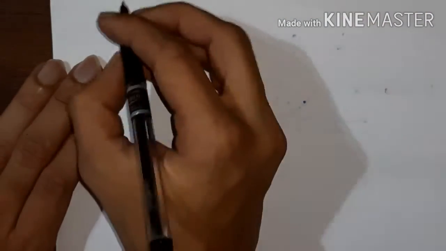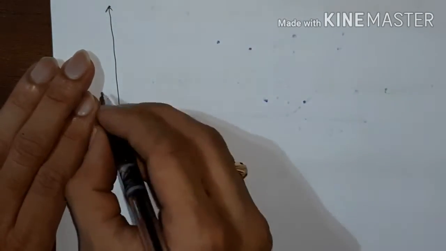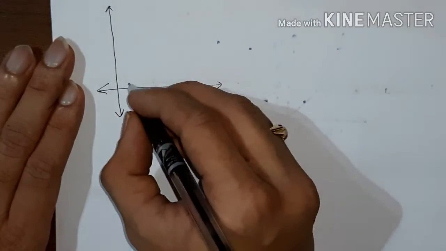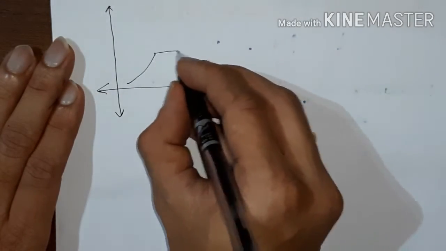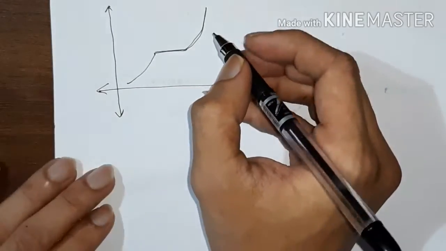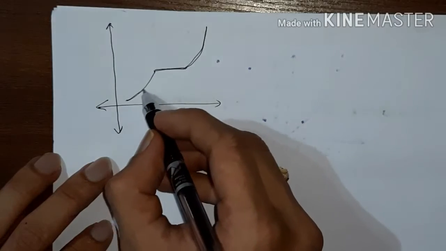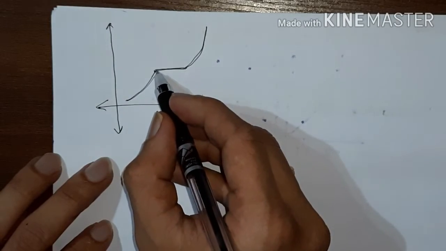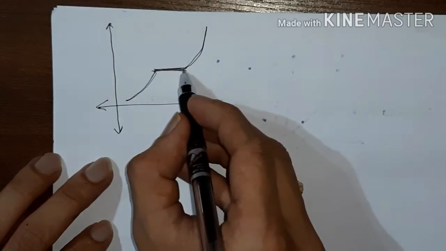Now if we look at the graphs of other two functions, so for example, if you have a graph of a function in this way, it increases, then it is constant, and then it again increases, okay. So the function increases for some points and then it becomes constant, right.